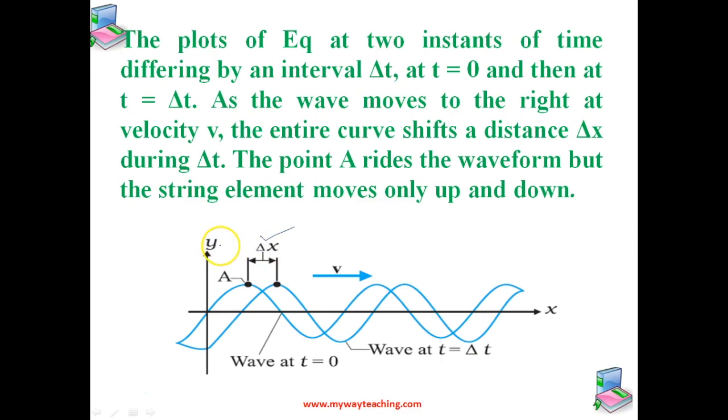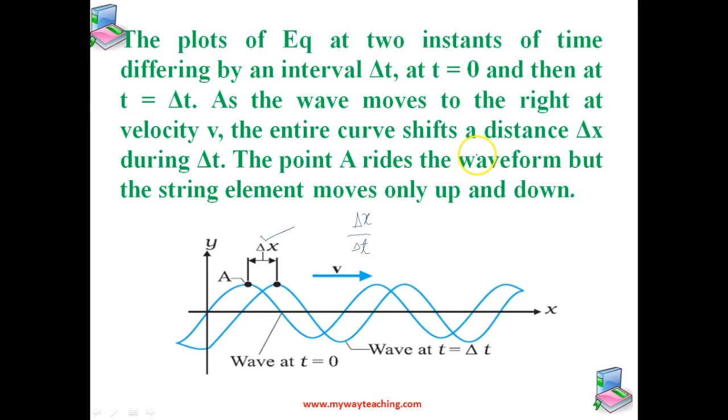In particular, the crest shown by this cross moves a distance delta x. This crest moves a distance delta x in time delta t. The speed of the wave is then given by delta x by delta t, and we can put the cross on a point with any other phase. It will move with the same speed v.